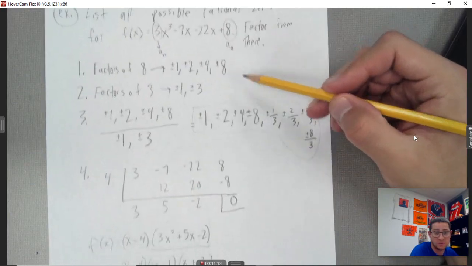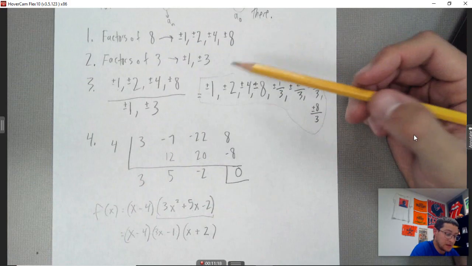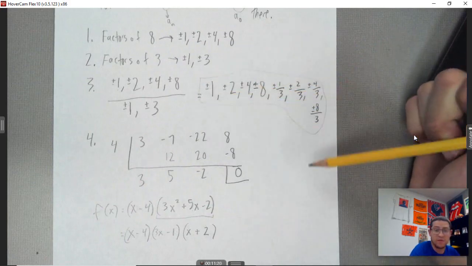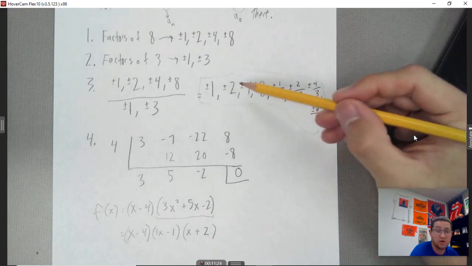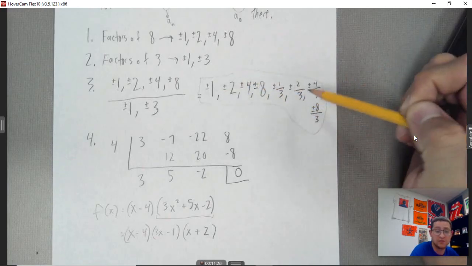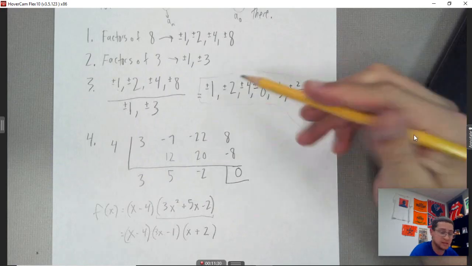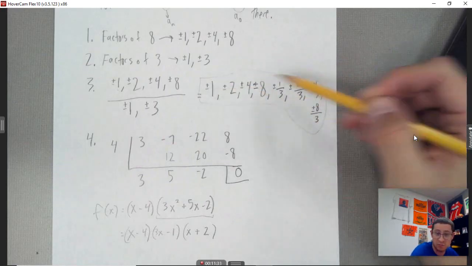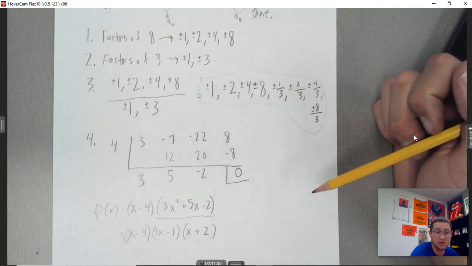So the possible rational zero theorem is a tool to limit your options for what could possibly be a zero. These are not all zeros, let's not get that confused. These are just possibilities, and what was an infinite pool of possibilities is now a finite pool. I can just test these and see what's going on.